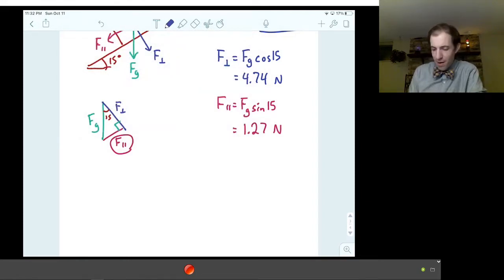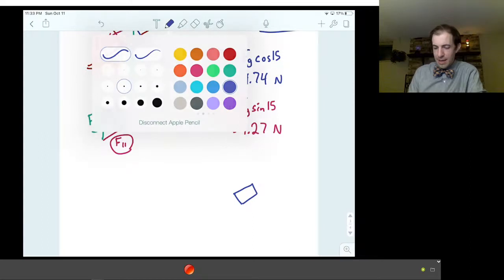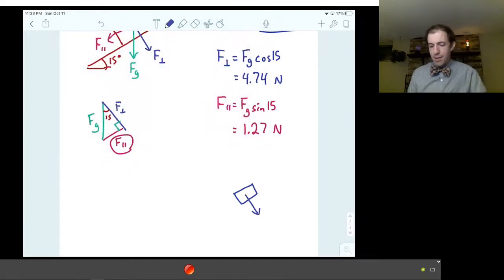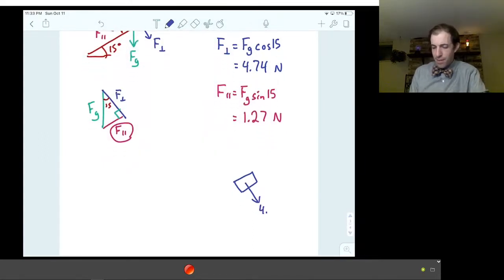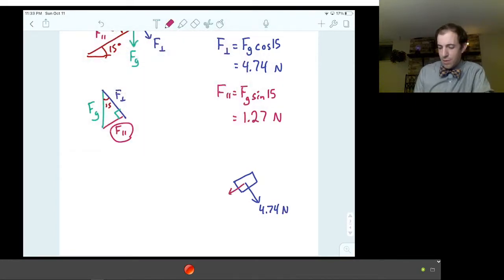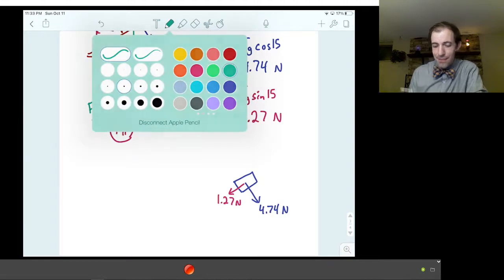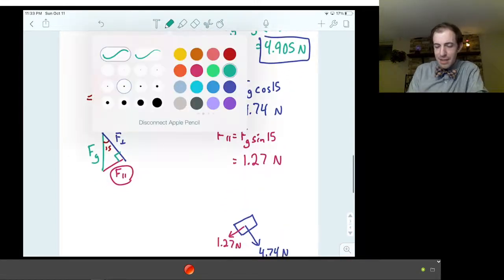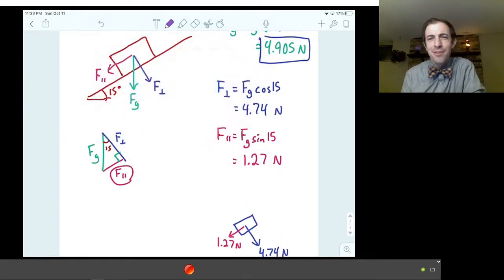All right, I'm going to take these and redraw a free body diagram that is a little bit cleaner for me. So here's my object. I know that my perpendicular force is 4.74 newtons. I know that my parallel force is 1.27 newtons. I know also that this object is experiencing a couple other forces as well.